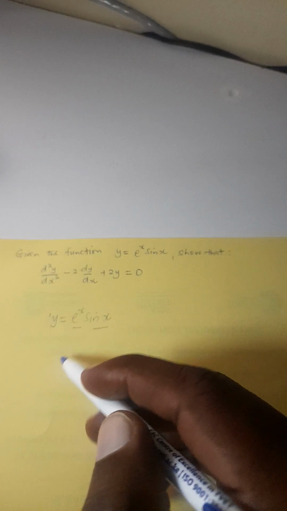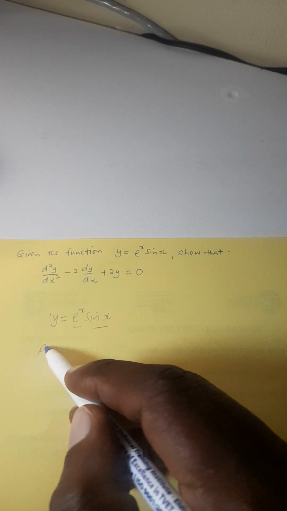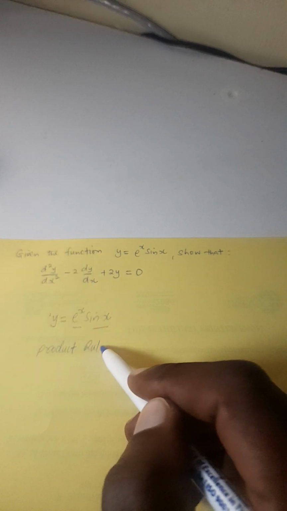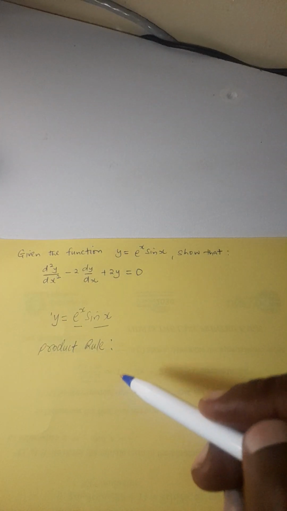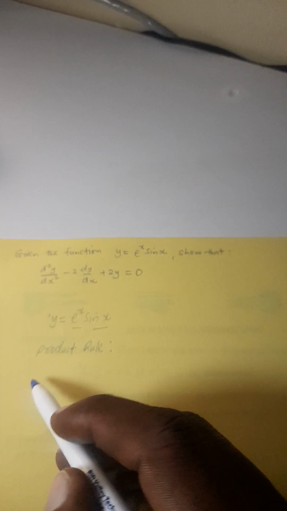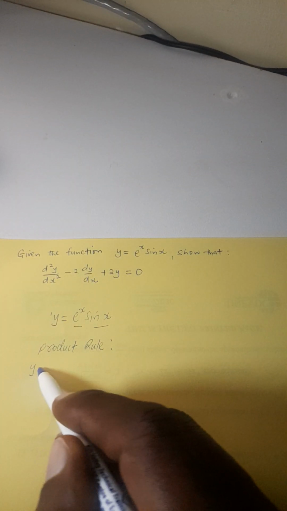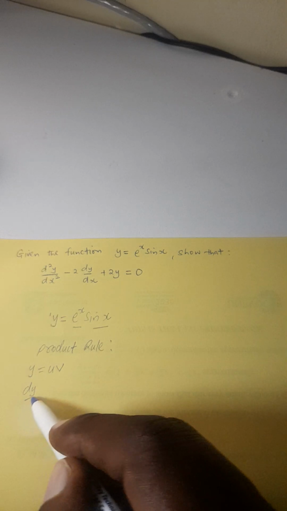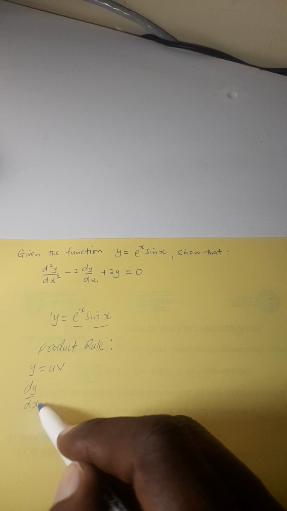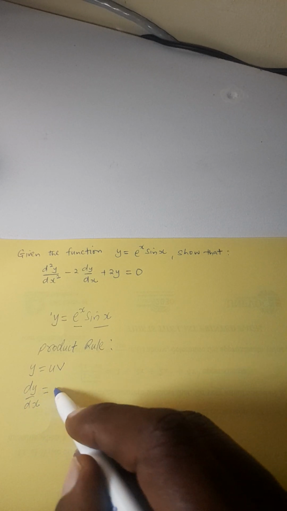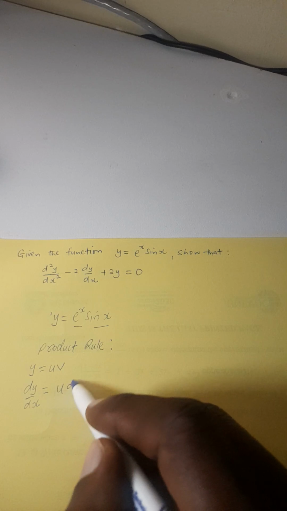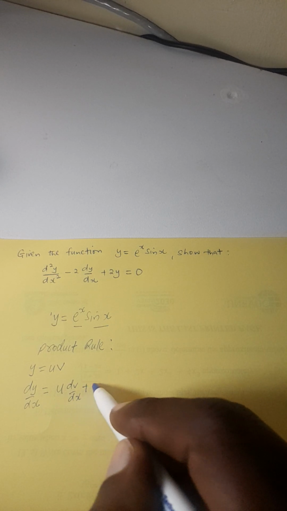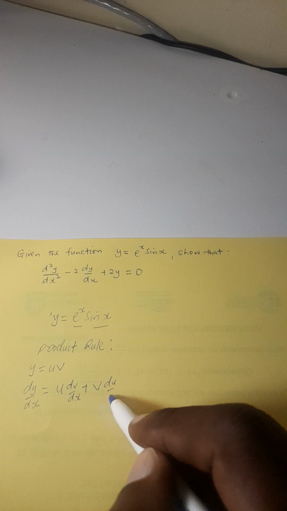Now what happens is that we are going to apply the product rule to solve this question, and the product rule states that given a function in terms of u times v, the derivative dy dx is equals to u dv dx plus v du dx.